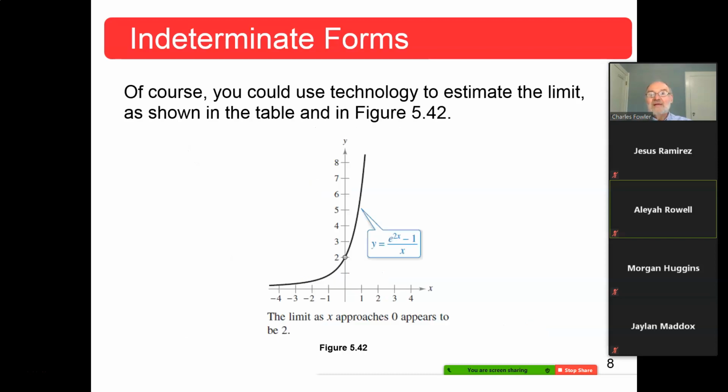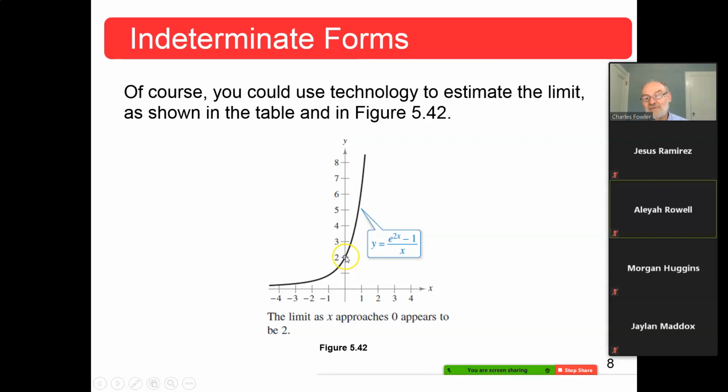Now, of course, you could use technology to estimate the limit, as shown in this table here. If you use your graphing device, whatever you have, program or calculator, to evaluate this, you'll see that it has a hole in the graph there.